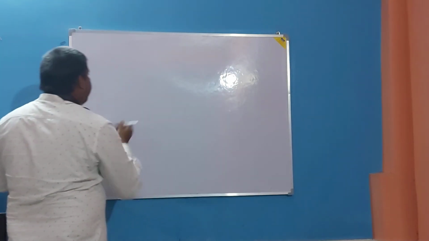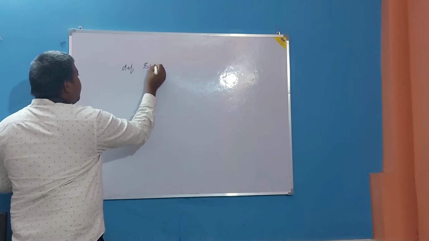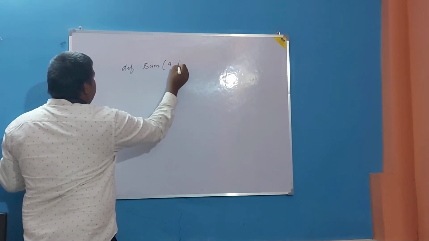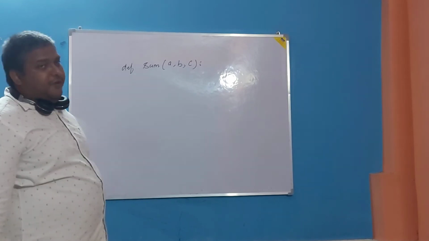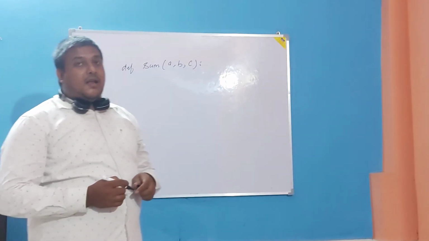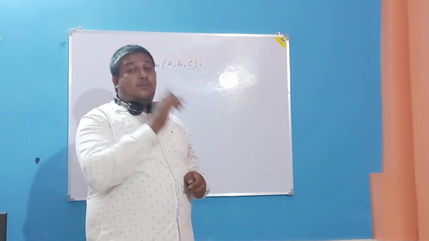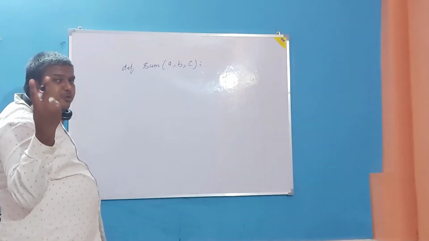Suppose I have one function named def sum, and this function is taking 3 parameters, and we want that if we pass 3 parameters to that function, it will return me the sum of all 3 numbers. So what will we do, you have two ways.